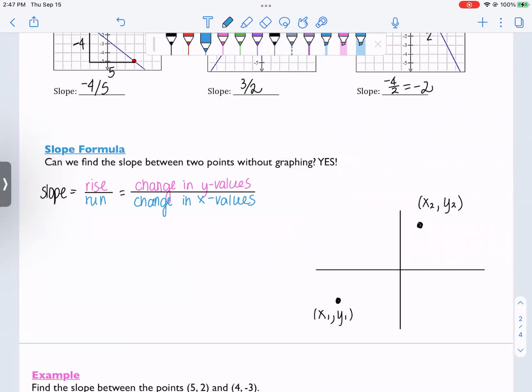So if I want to find the change in y values, right across here, this value must be y1. This value up here would be y2.